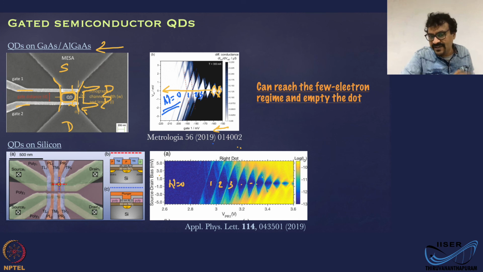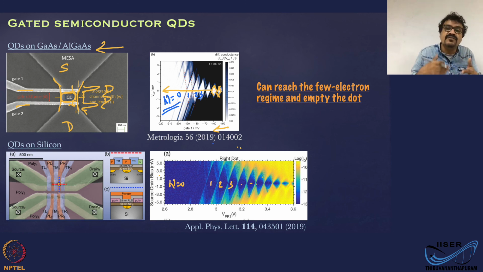But there is a small caveat here. When you make the gate more negative, you are also increasing the tunnel barrier. Then the current that you are going to measure depends upon the height of the tunnel barrier. So you could be in a regime where the tunnel barrier is so thick and so high that the current flowing through is so low that you cannot measure it. In that respect also, you will not see a diamond.